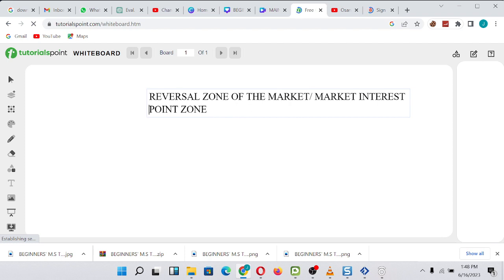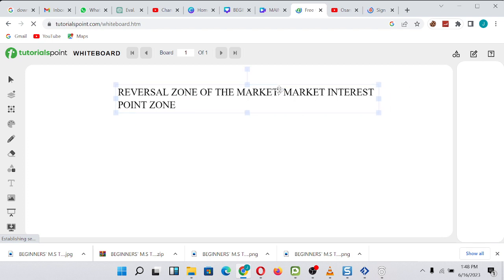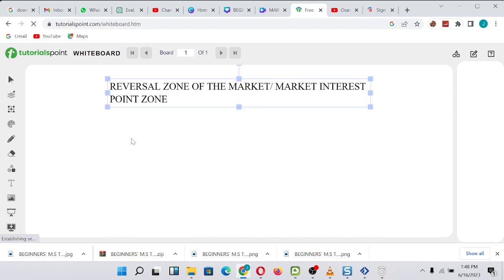Okay, so this is what we'll be talking about. There are various characteristics of our reversal zone. When we talk about reversal zone in the market, we are talking about the exact point where market will reverse from. Do you understand?